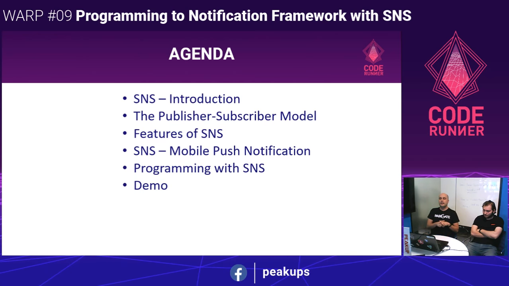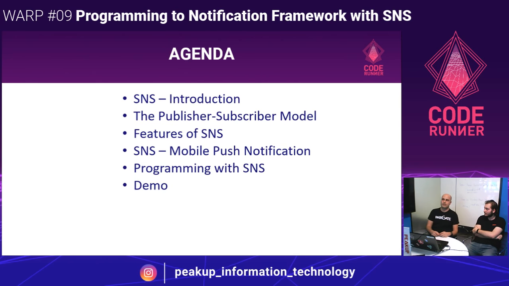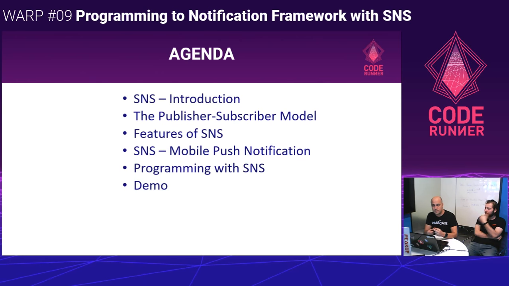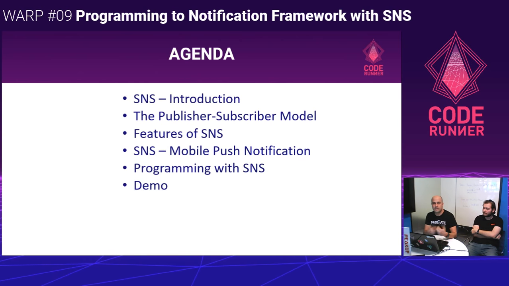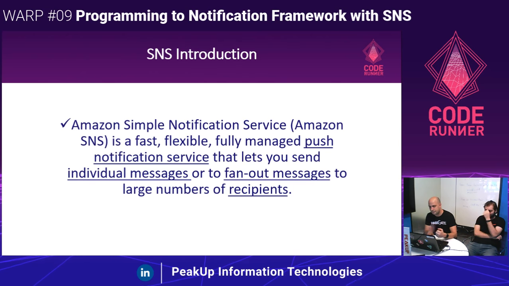After that, what features it has, and we're gonna talk about mobile push notification, and the URL-related one. Then programming with Simple Notification Service, how to write C# code to send notifications using this service, and then we're gonna make a nice demo with it.